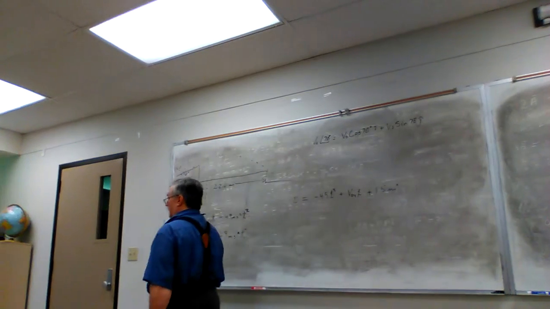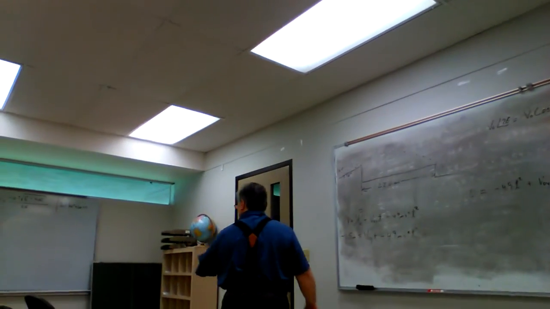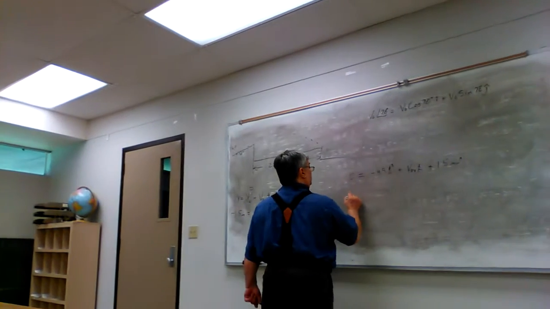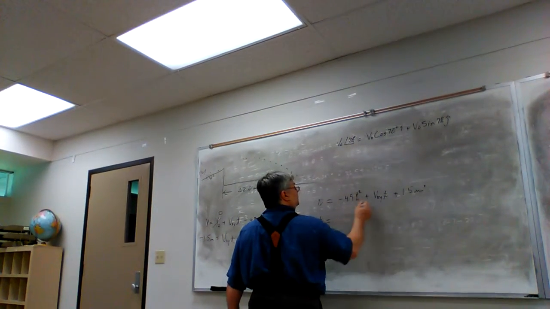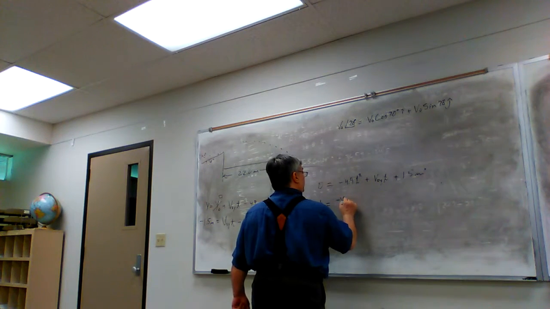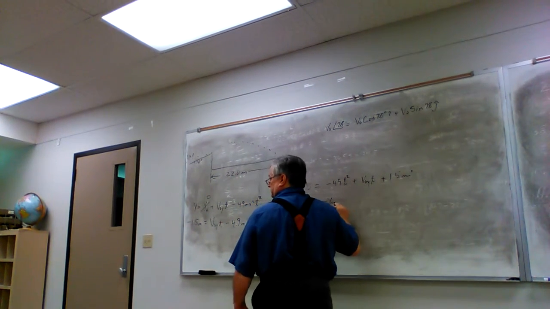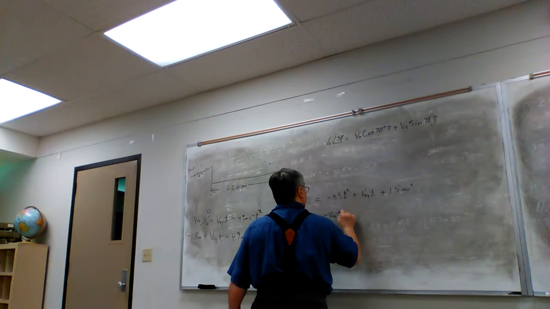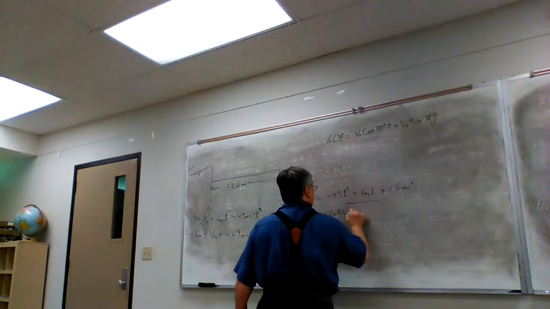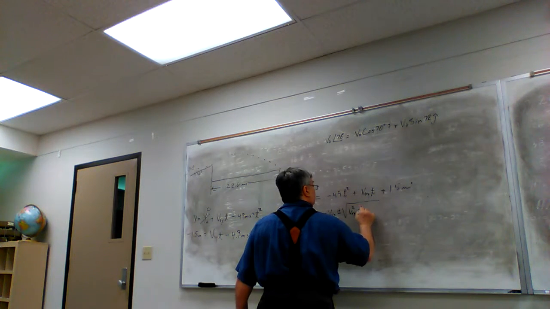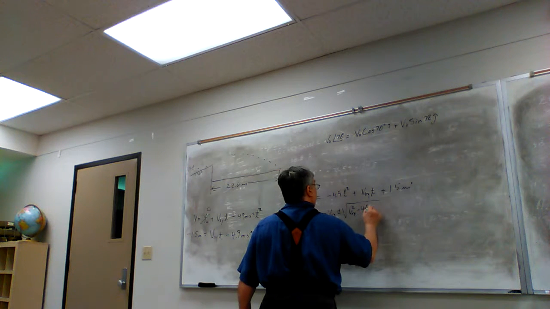Very good. And the quadratic equation then tells us t equals negative b, which is minus v sub naught y, plus or minus the square root of v sub naught y squared minus 4 times negative 4.9 times 1.5.